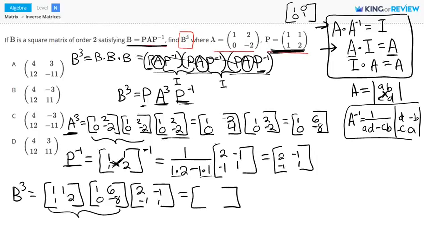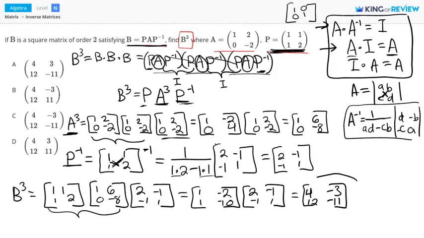When we multiply those out, we get 1, 1, negative 2, and negative 10. And then we're multiplying this by P inverse. And we'll take the product of these. And when we multiply this out, we get 4, 12, negative 3, and negative 11. So this is our final answer here, and that's letter C.